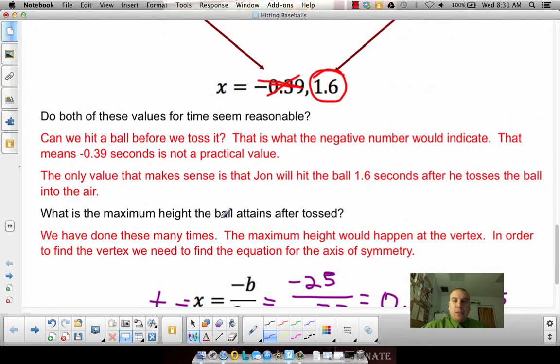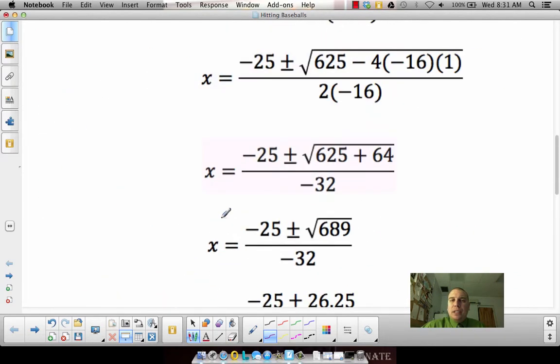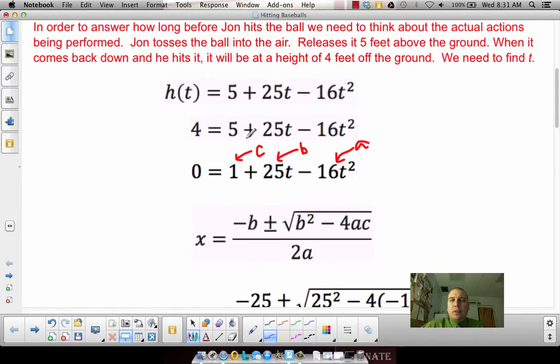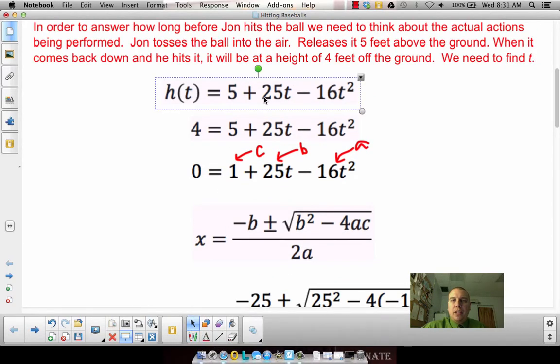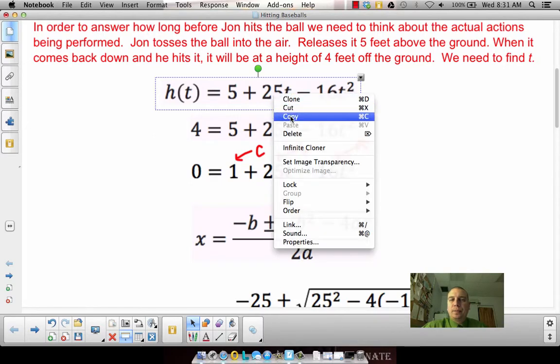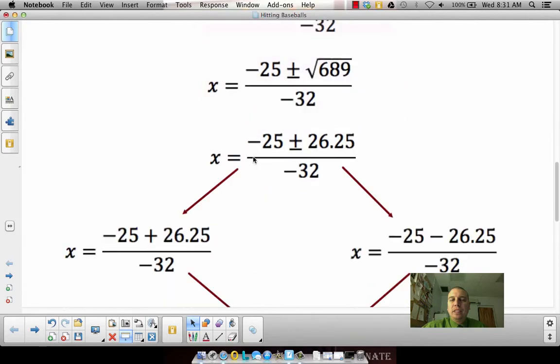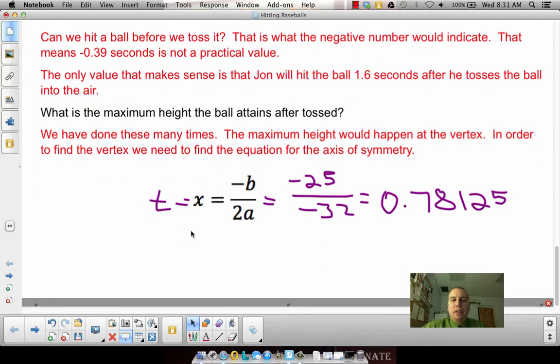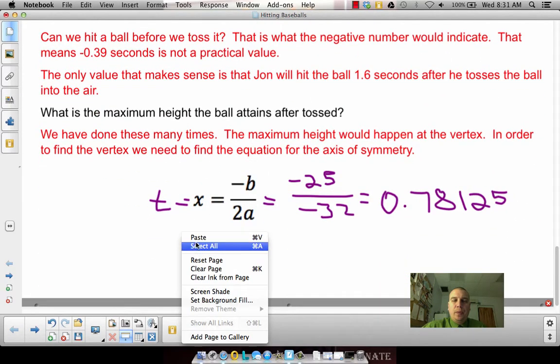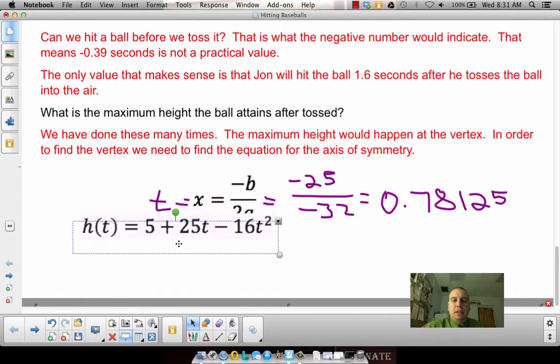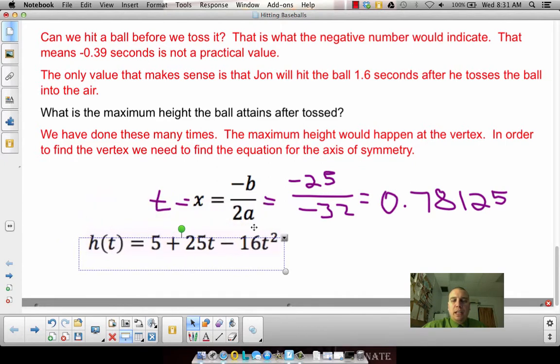All right, so now I've got to go back up and grab that equation. So that's the equation that I need. I'm literally just going to copy this and bring it down. Okay, back down to where we were. We'll just paste that. Move it a little bit.